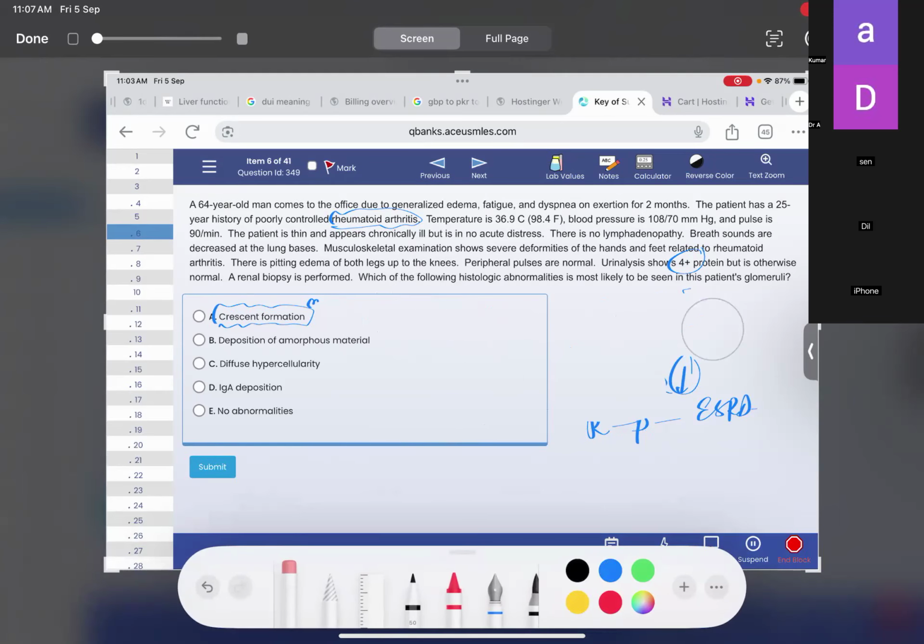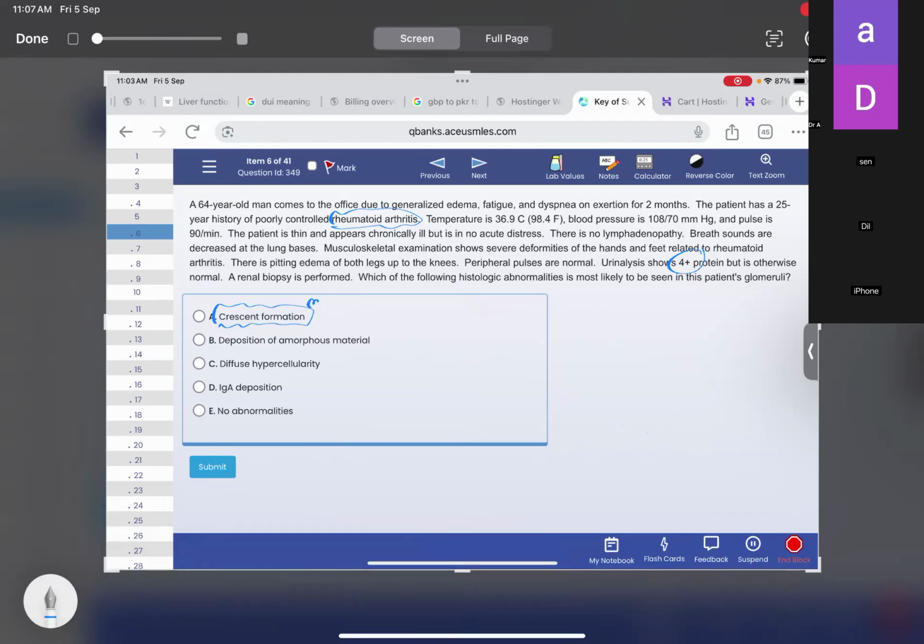Let me give you a concept of how hypercellularity is occurring. We have post-streptococcal glomerulonephritis, right? Yes, sir. We have hypercellularity. What other conditions have hypercellularity? Diffuse proliferative glomerulonephritis.